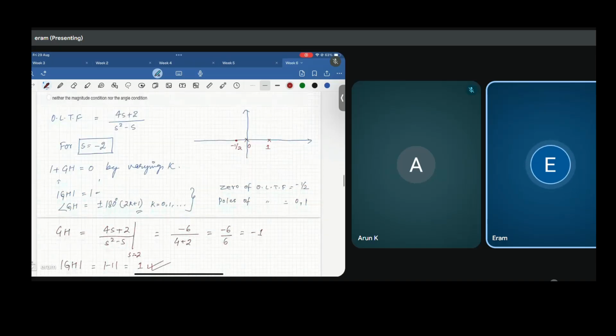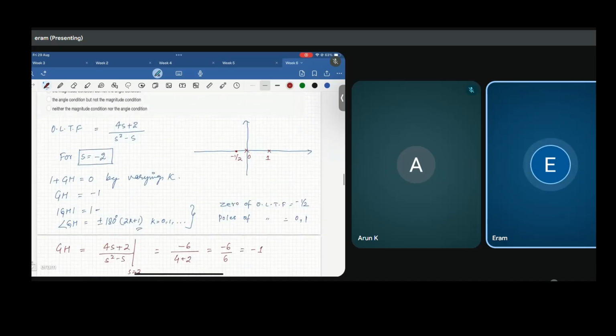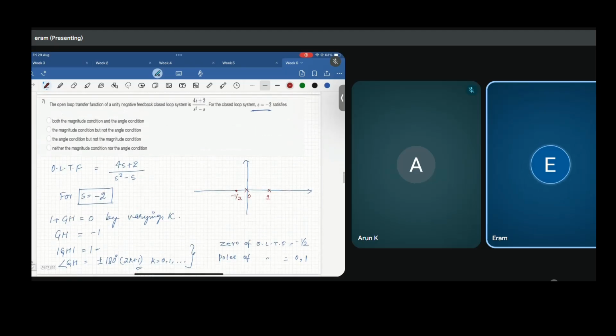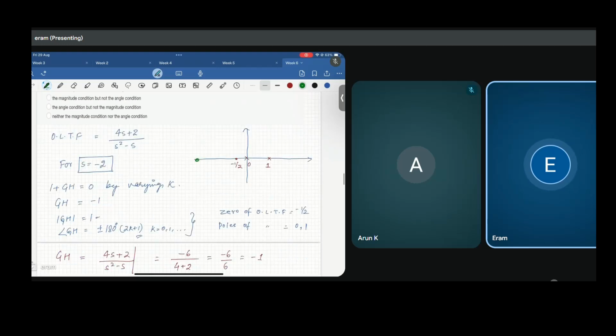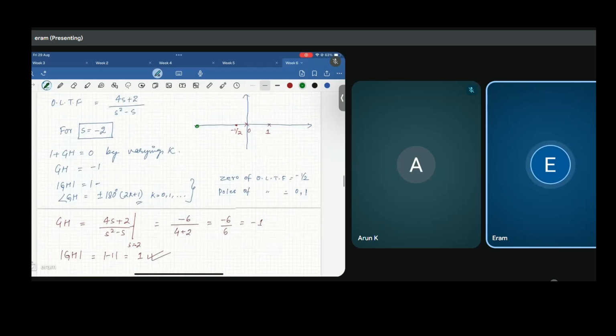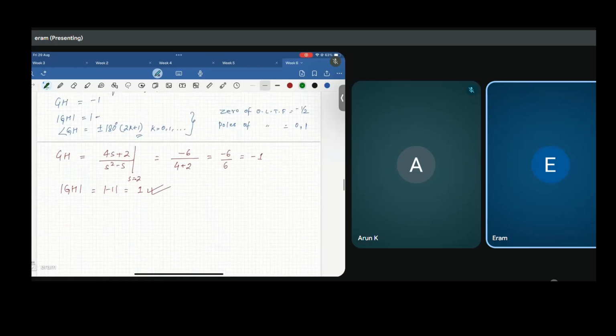Now for the next part, whether it satisfies the angle condition or not. Now in the S plane, if we see, S equals to -2 will be here. What will be the angle contribution? How to check this angle condition? What will be the angle of GH at S equals to -2?